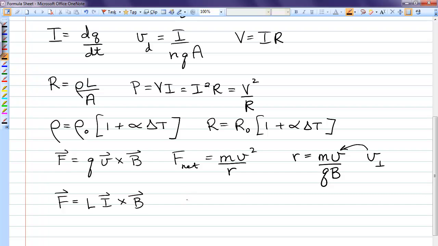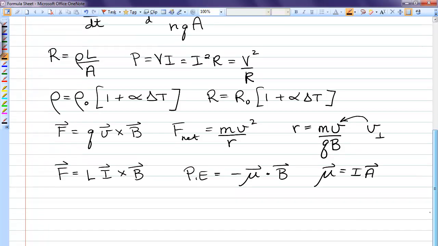Also in this chapter is the potential energy associated with a magnetic moment. So that's like a compass needle, where the magnetic moment is I times A. I is the current in the little current loop. A is the area vector of the loop. Remember, it's perpendicular to the plane of the loop.